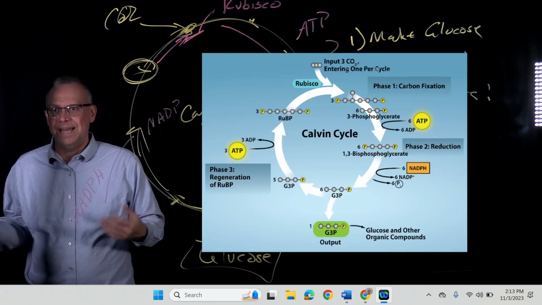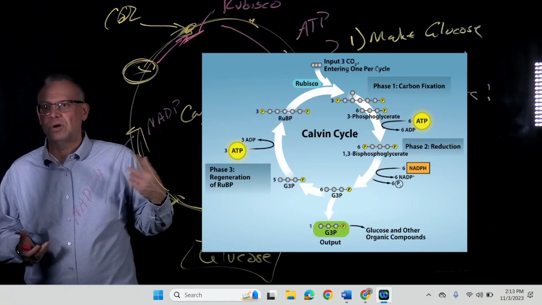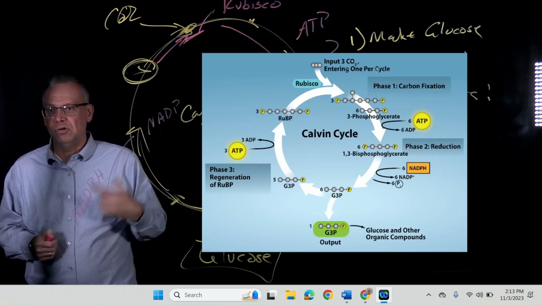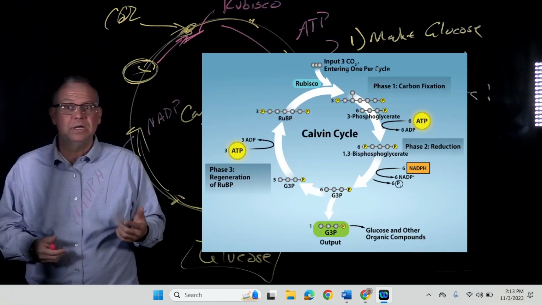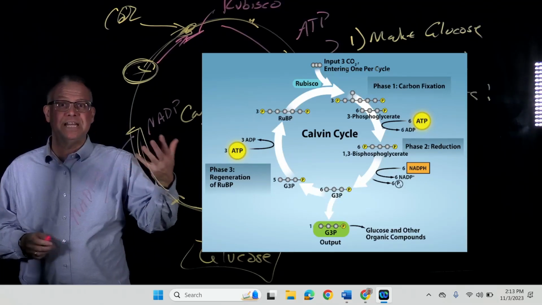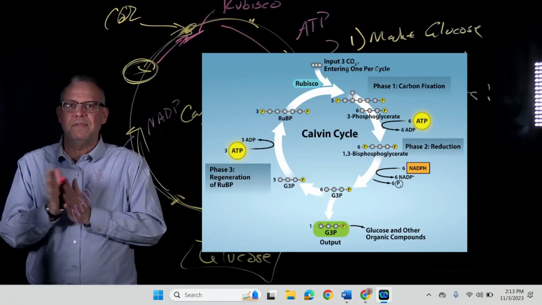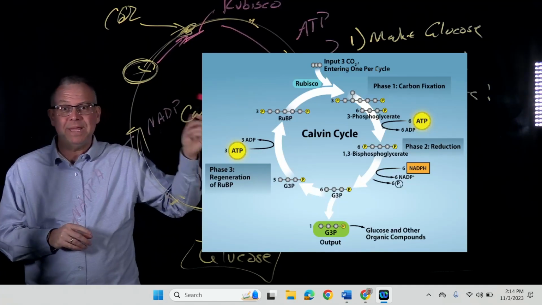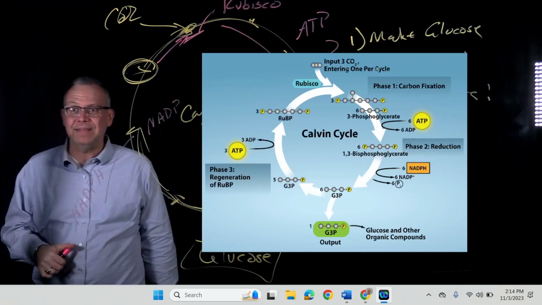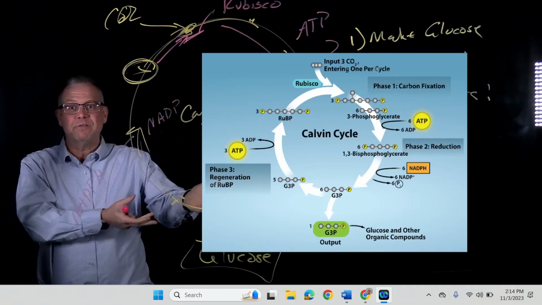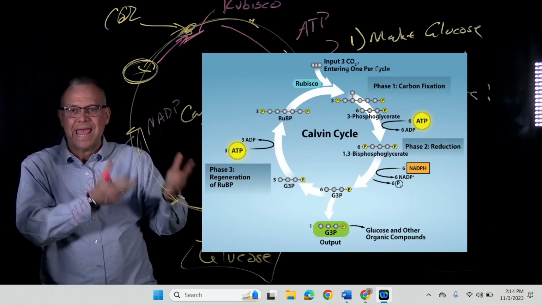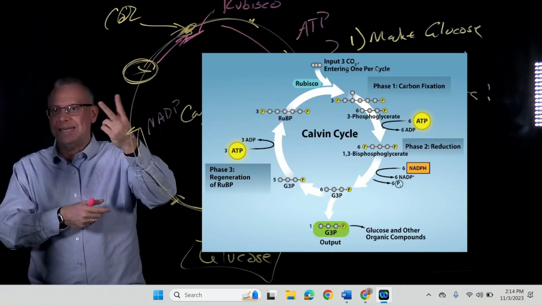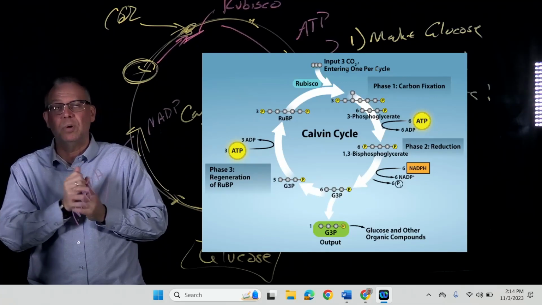You can see energy has to be invested into it in order to keep the thing going. And glucose, or the precursors of glucose, is an output, and the cycle needs to keep going. Once you've done this, you've taken the energy, which we have in the form of ATP and NADPH that we made in the light reactions, and here we've deployed that energy to make glucose and to keep the cycle going.